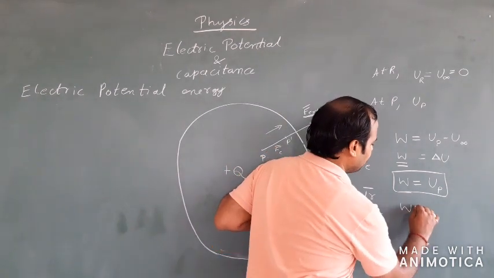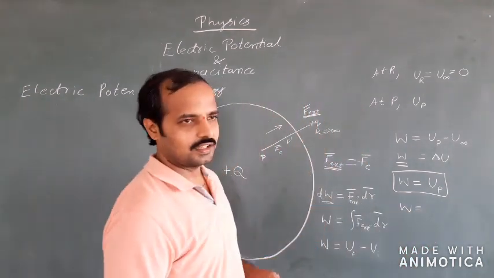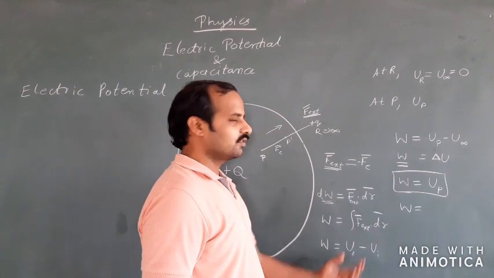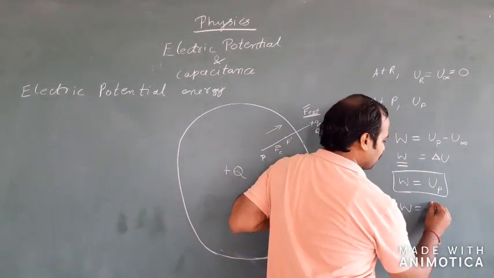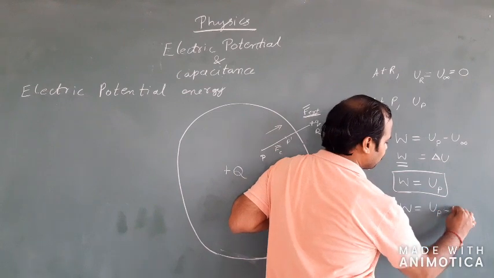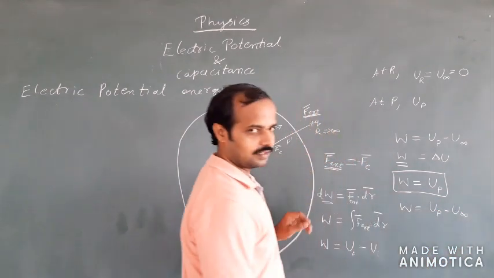According to the equation given here, we can see that the net work done will be UP minus U infinity, right?